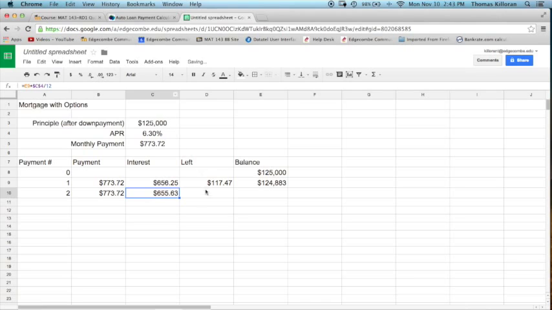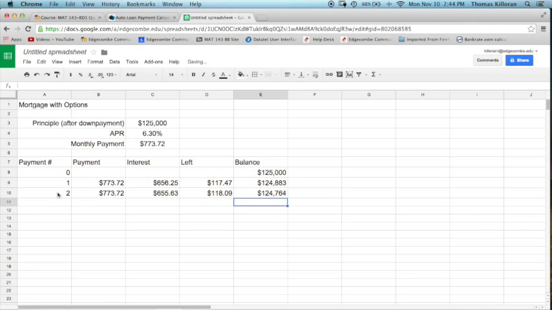I'll fix it later. Alright, so what's left over is going to be this minus this. And this number should go up a little bit because we're not getting charged as much interest, because we've actually reduced our balance a little bit. And then the balance for our loan is going to be the previous balance minus what was left over from our payment.